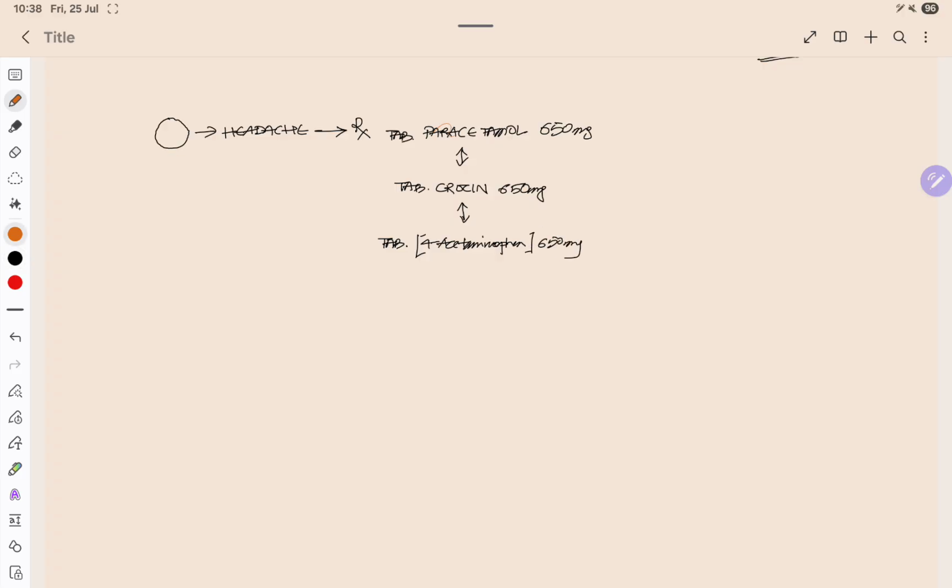Now what we observe here is the trend of the change in the active principle or the name of the active principle. So this one is what we know as the generic name. The second one, Crocin, is of course the brand name. We have certain preferences like Crocin, Dolo.